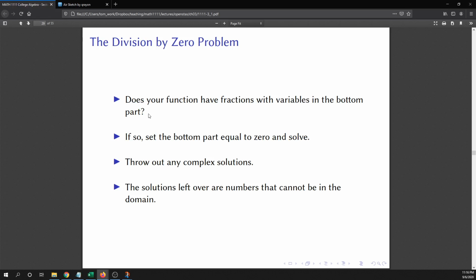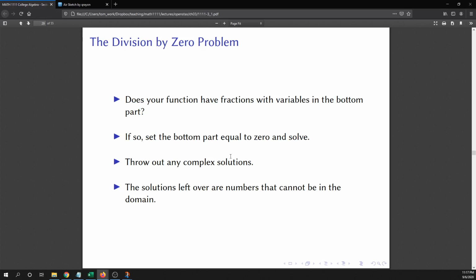You're going to ask yourself, does this function have a fraction with variables in the bottom part? If it does, then what you want to do is set the bottom part equal to 0 and solve that out. You're going to throw out any complex number solutions, those are solutions with i in them. We haven't talked about that at all yet, so you shouldn't run into any of those problems.